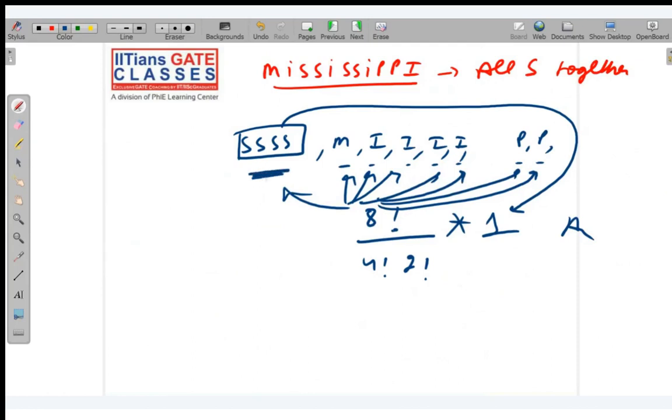Now please do not say S has repeated 4 times so divide by 4 factorial again. No, I will not do it, because I have applied glue over it. Consider this as a black box; you cannot see what is inside it. So do not say divide by 4 factorial. Okay, please take snapshot. I will jump to the next slide.